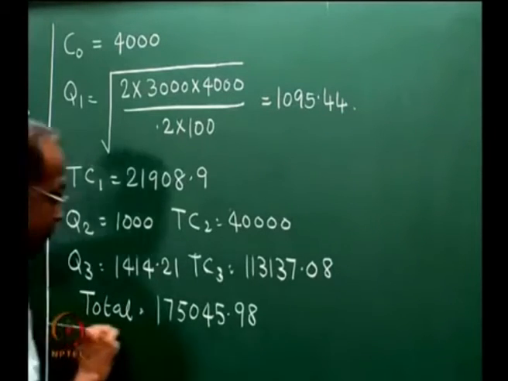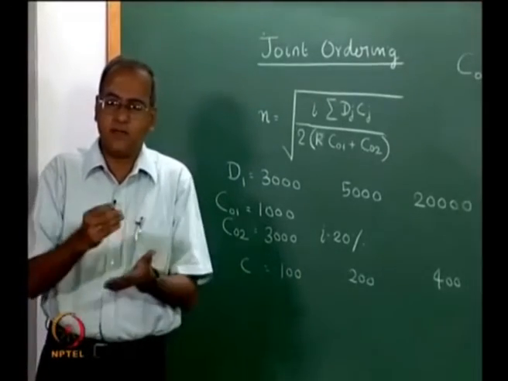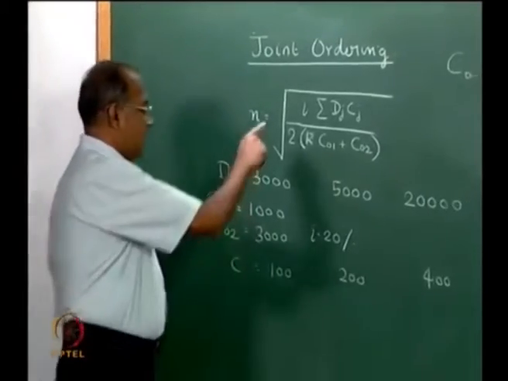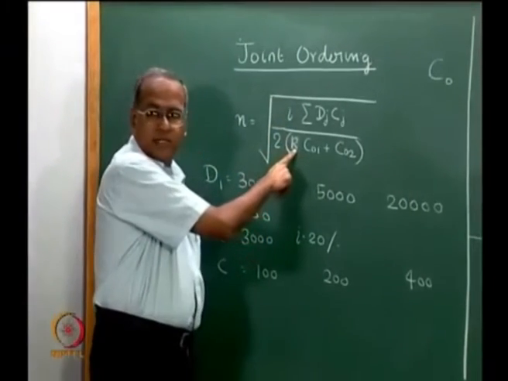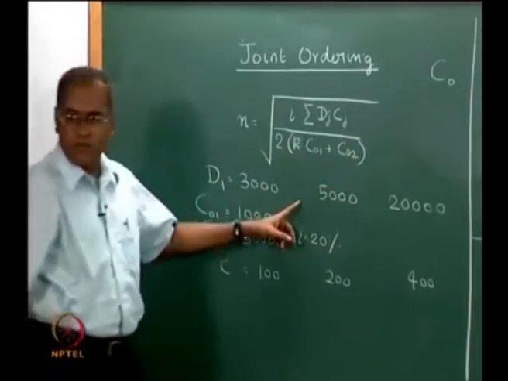Now, if we apply this formula and assume that they can be ordered jointly, and there is a saving on the truck cost, then applying this formula for k equal to 3, the rest of the values are known here.